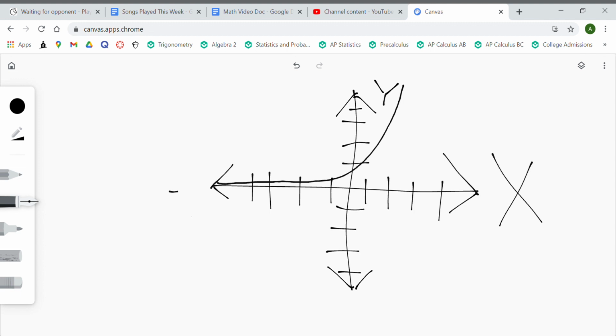This is what we call an asymptote. An asymptote is any value of x or y that a function gets closer and closer to, but never seems to touch or cross. So for exponential functions, the graph is always on one side of the asymptote. It never goes on the other side, and it never touches that line.